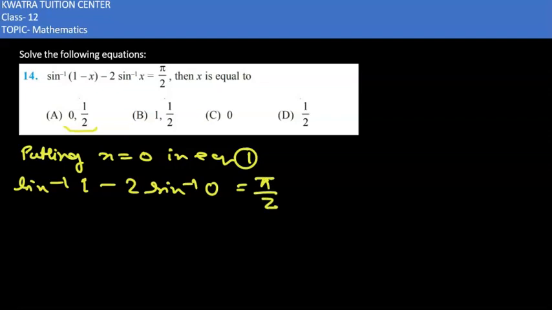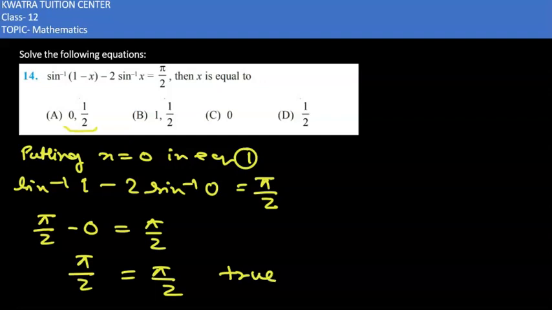If we put down our values, pi by 2 minus 0 will give us pi by 2, or pi by 2 is equal to pi by 2. Then only this can be true. Fine, so this satisfies the equation. So 0 is a root, that is confirmed.